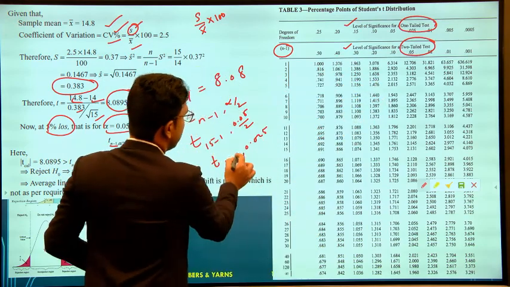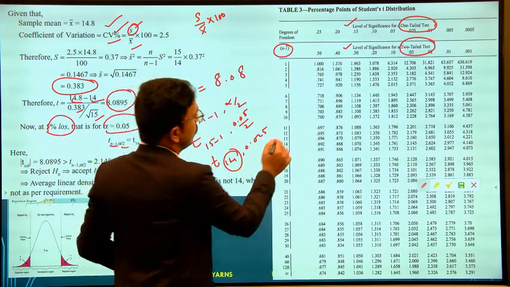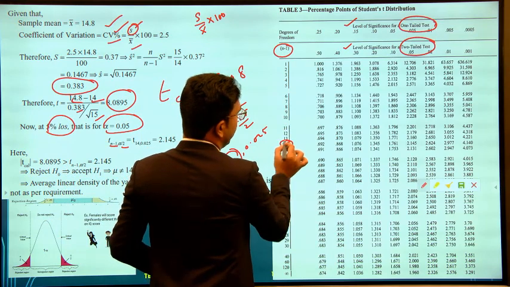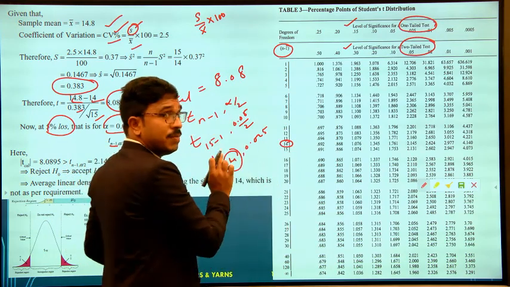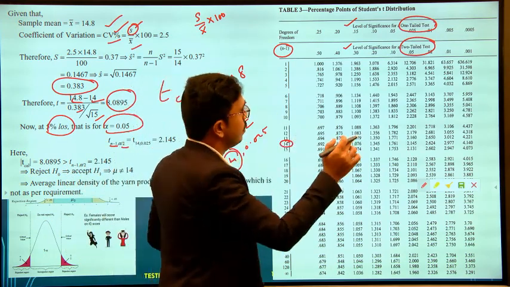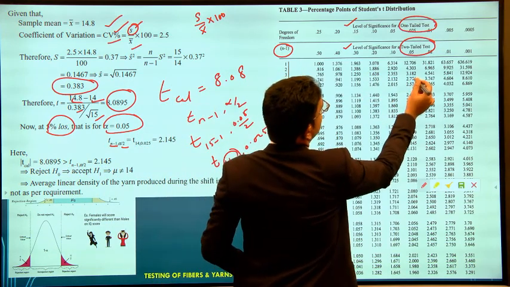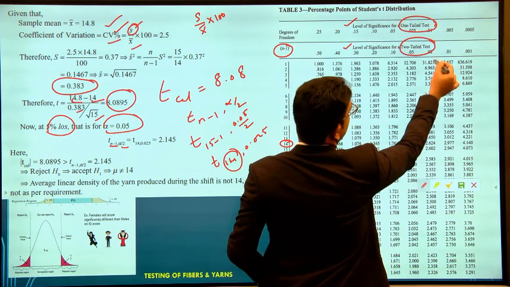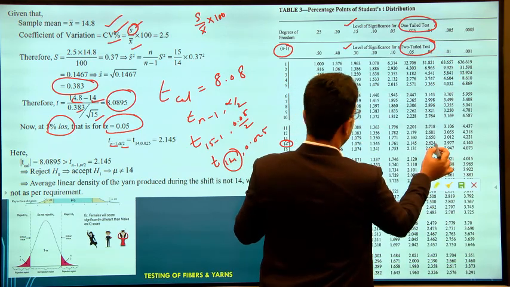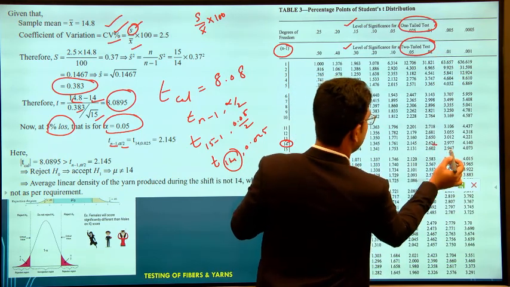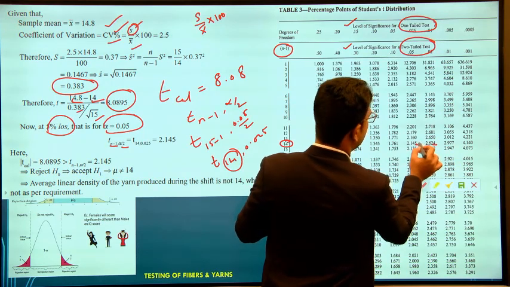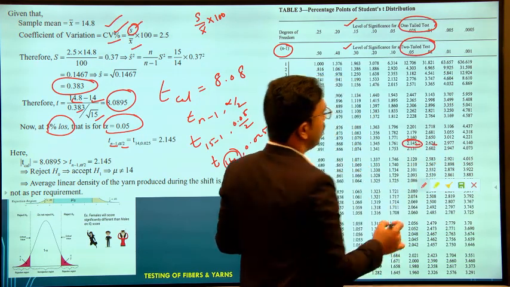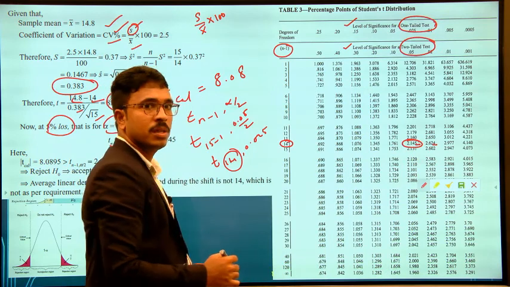Now what are the degrees of freedom here? 14. At degrees of freedom 14, what is the level of significance? 0.025. So where is 0.025? Now you can see, this is 2.145.